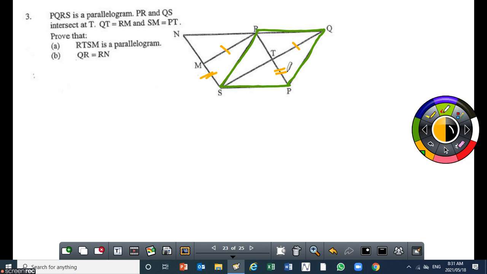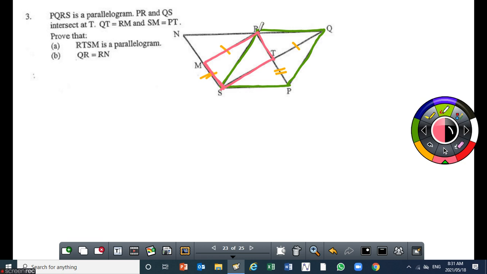Your RTSM is this shape here. So we have got R here, and then T there, we've got S, and then we have got M. So that's the shape RTSM. Now, when you want to prove that a quad is a palm, sometimes you may need to use congruency, whereby you have to identify two triangles first, prove that they are congruent, and then from there you carry on.